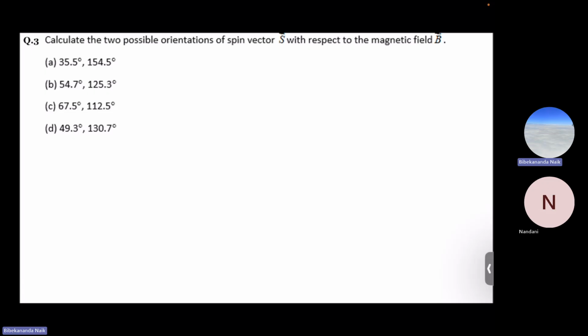So basically this is the case of space quantization. There are different possible orientations of spin vector with respect to the magnetic field B, and we need to find them out.